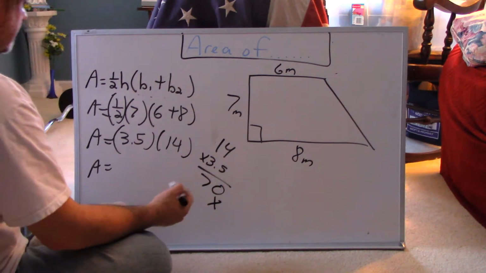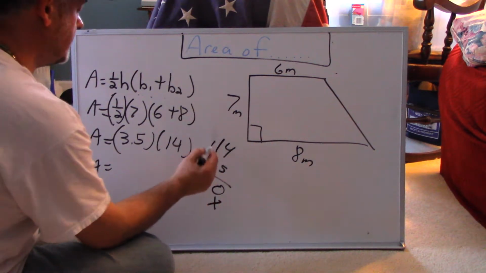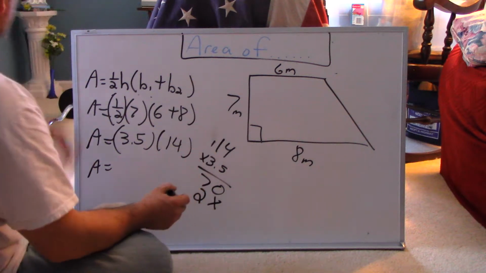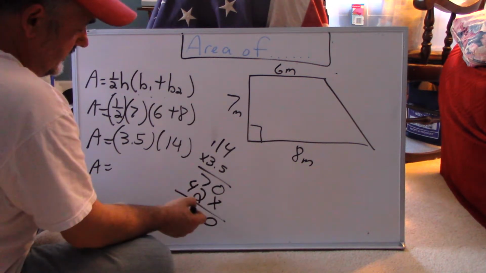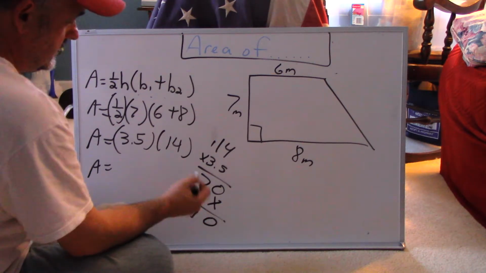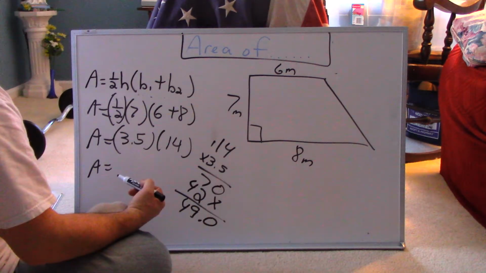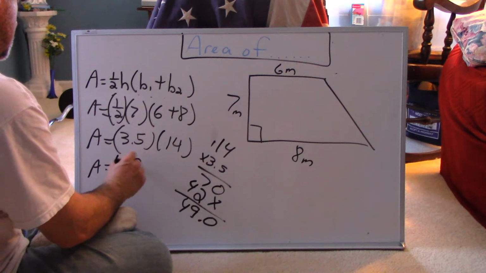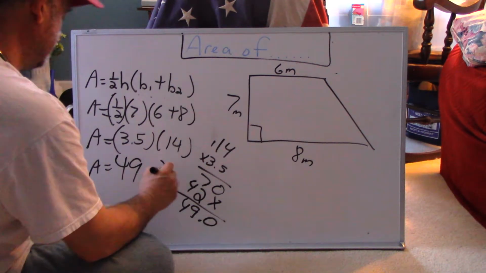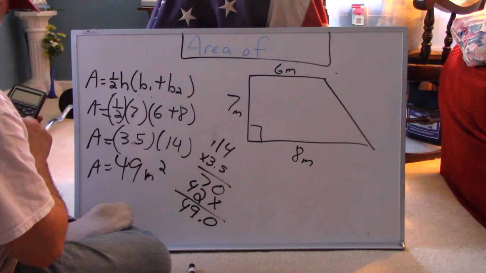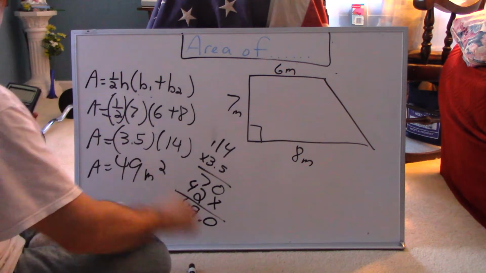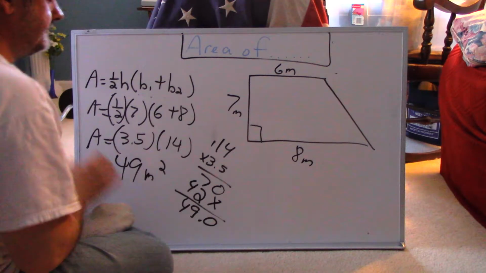That can always cause mistakes. 3 times 4 is 12. 3 times 1 is 3 plus 1 is 4. 7 and 2 is 9. Add the 4 down. Bring that over. 1 and it's 49. 49 meters squared. And I will double check. Why not? 3.5 times 14, 49. You got it.